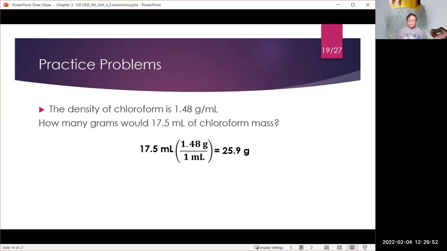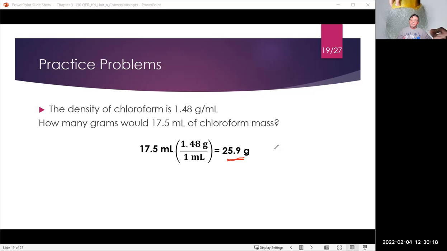You think about the answer now. What is that telling you? It is telling you that if I take 17.5 milliliters and measure that volume out, I don't have to go to the balance or weigh it. I just use the density, and it has a weight of 25.9 grams. By the same token, I can reverse that and say, for whatever reason, I went to the balance and weighed out 25.9 grams.